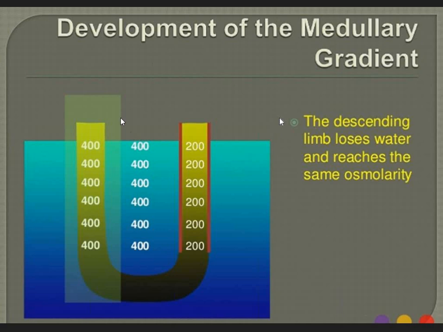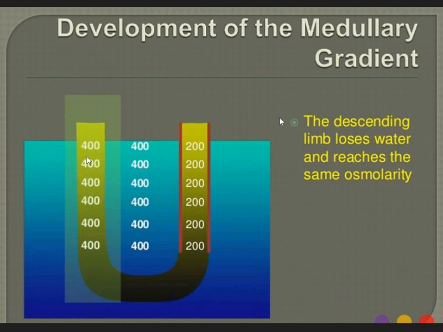Now we also know that water can easily diffuse from the descending limb of loop of Henle. And how does the water diffuse? Osmotically. So the main role of water is to maintain the osmotic balance, isn't it? So when the water is coming through the thin descending limb of loop of Henle, it tries to maintain the osmotic balance. So water will move out till the osmolarity here becomes equal.